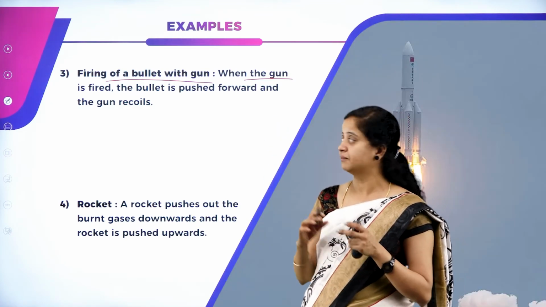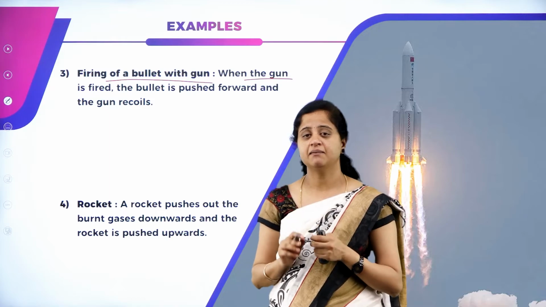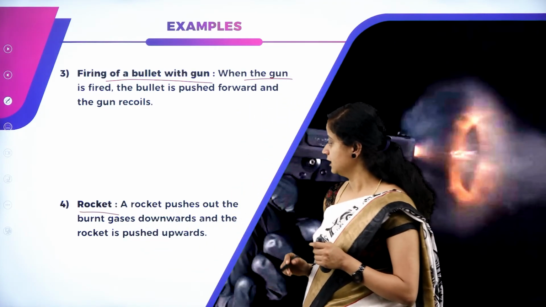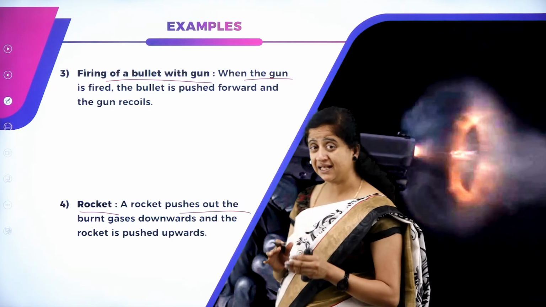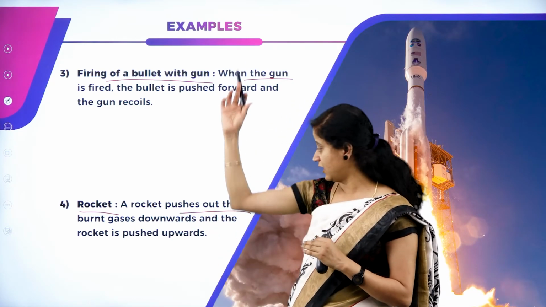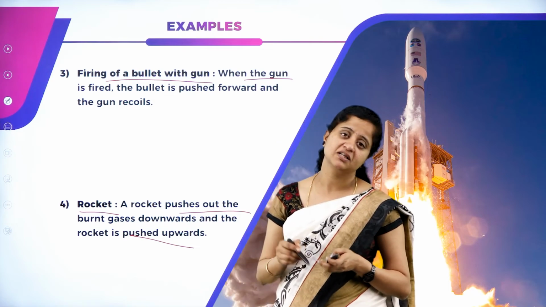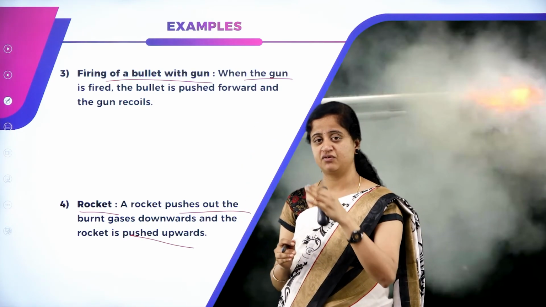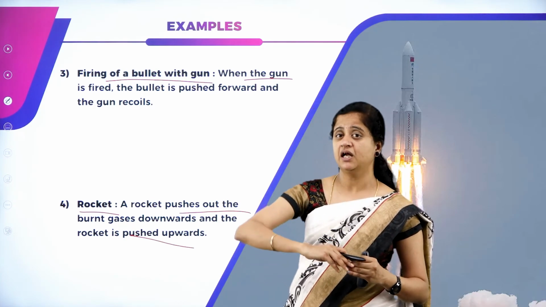The recoiling of a gun is an example of Newton's third law of motion. And in the case of a rocket, it pushes out the burnt gases downwards and the rocket is pushed upwards. Again, here we can observe Newton's third law of motion: for every action there is an equal and opposite reaction.